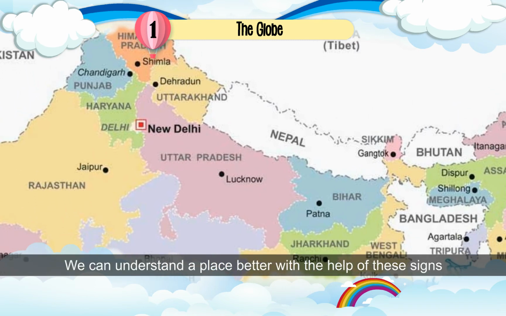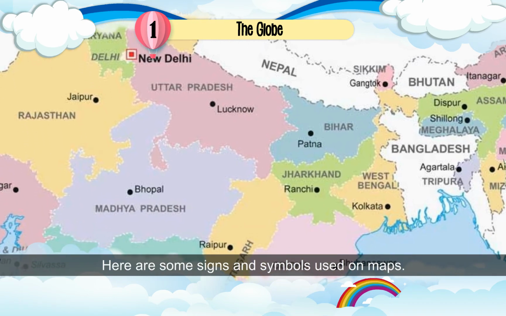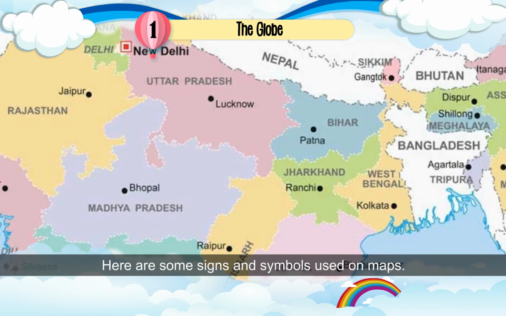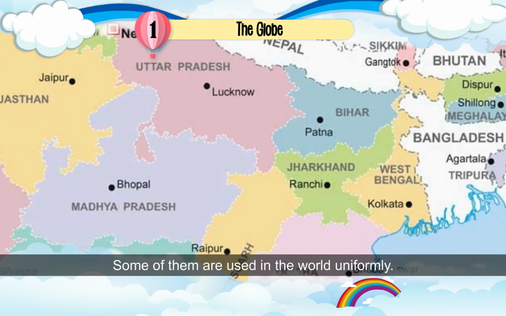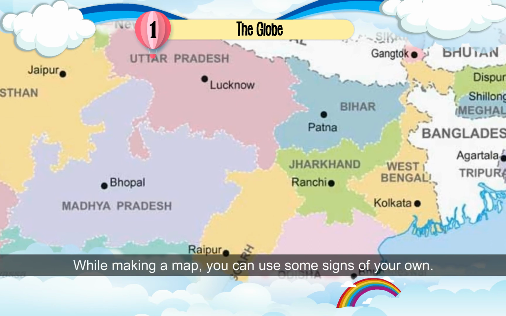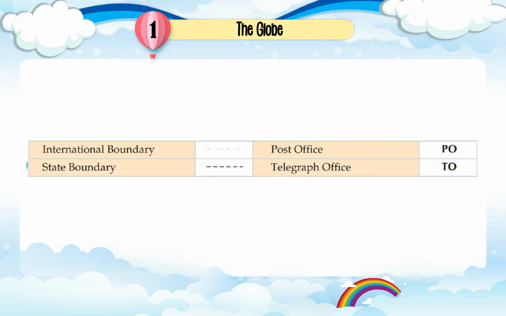We can understand a place better with the help of these signs and symbols on the map. Here are some signs and symbols used on maps. Some of them are used in the world uniformly. While making a map, you can use some signs of your own.